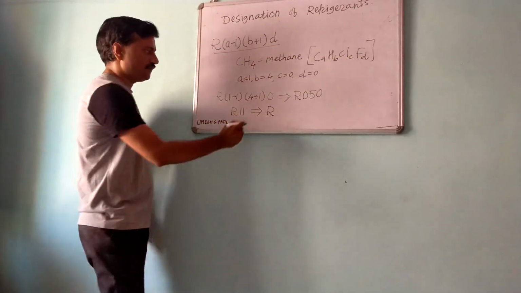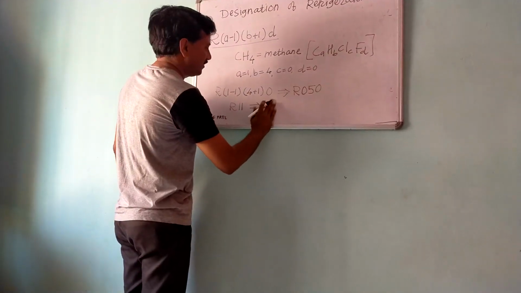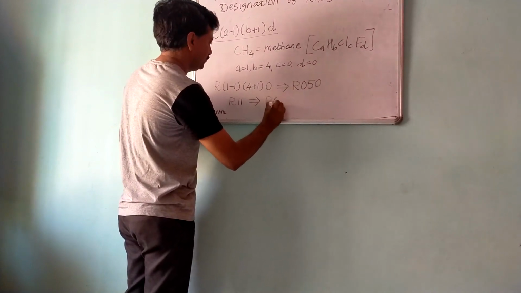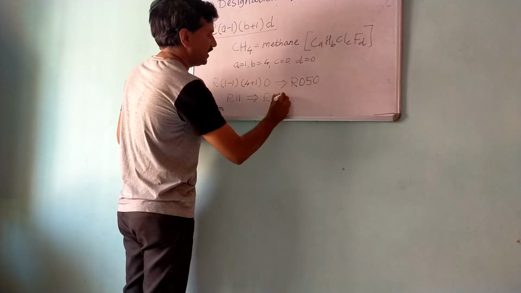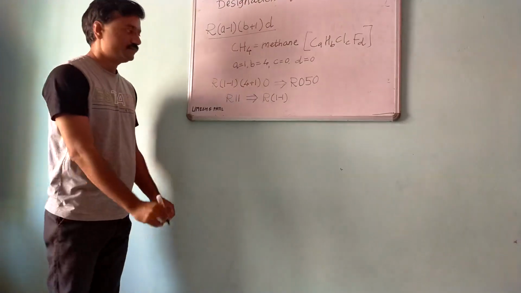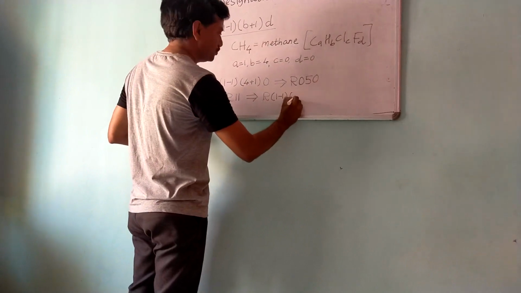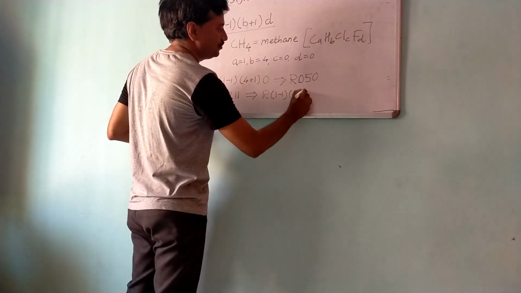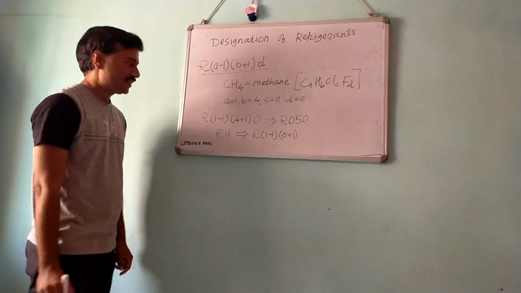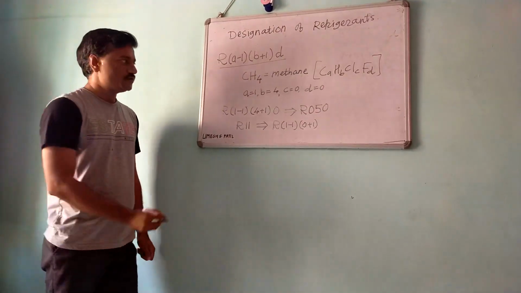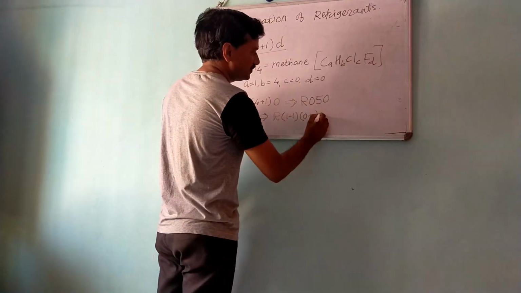So first digit a minus 1 will be 1 minus 1. Second digit b plus 1, so b will be 0, 0 plus 1, and as the third digit is 1, it indicates the value of d is 1.